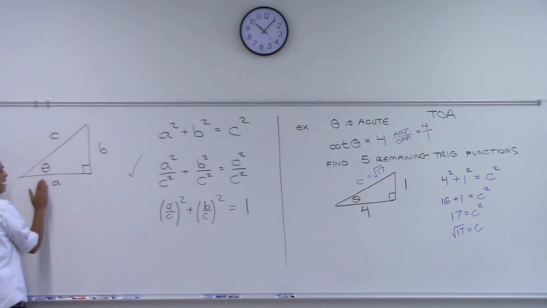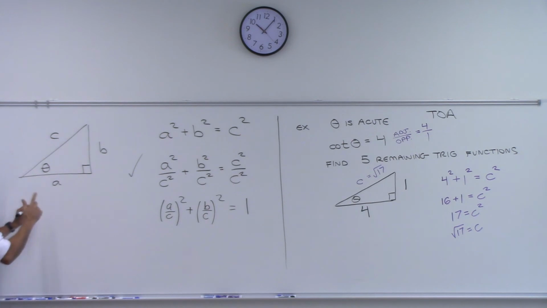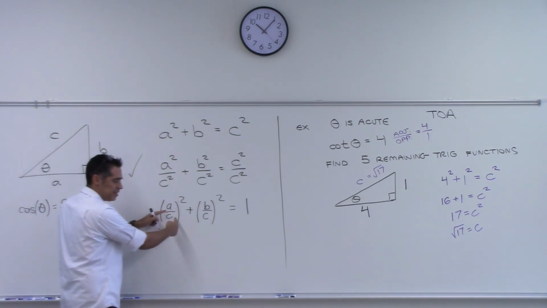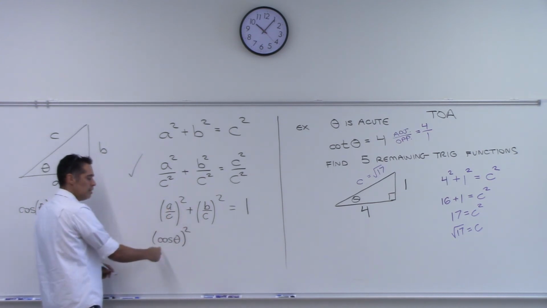What trig function is that? Adjacent over hypotenuse. Cosine, right? Go back and look at your definition. Wasn't cosine of theta equal to a over c? Yes? So I'm going to replace a over c with cosine of theta, and then that thing needs to be squared. Do you all see that?